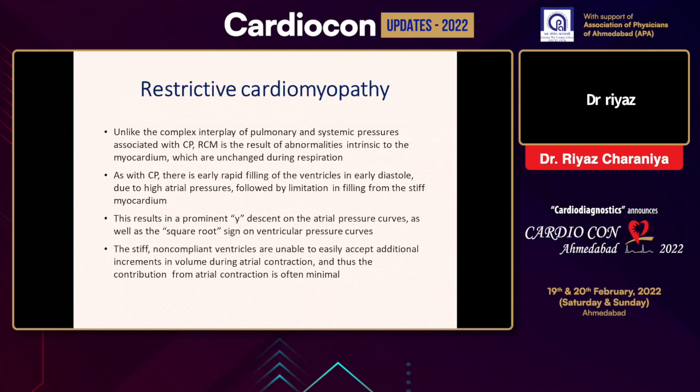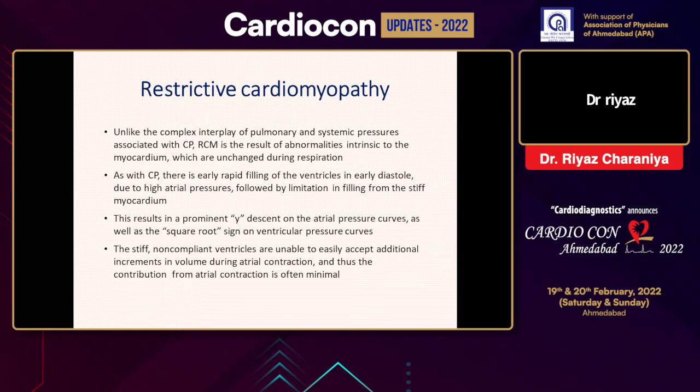Now, what happens in restrictive cardiomyopathy? See this, unlike the complex interplay of pulmonary and systemic pressures which are associated with constrictive pericarditis, restrictive cardiomyopathy is something which is intrinsic to the myocardium, and the findings are not changed with respiration. And as with constrictive pericarditis, there is early rapid filling in early diastole because of the high atrial pressures, but it is followed by limitation in filling from the stiff myocardium.